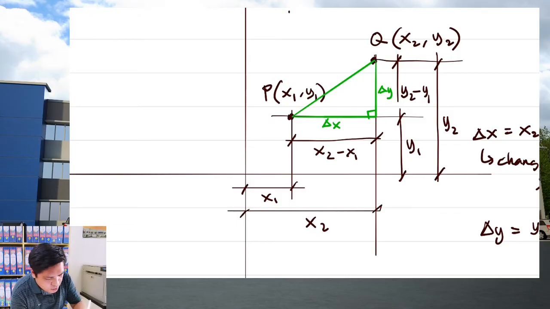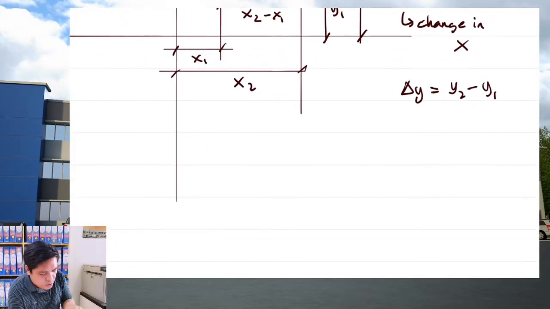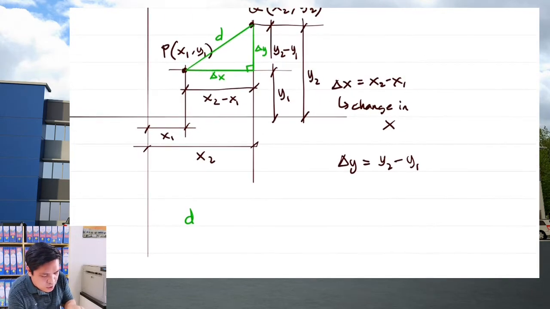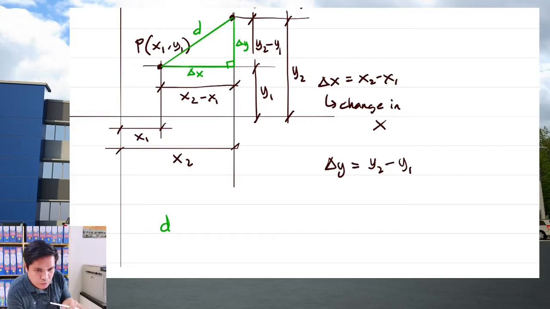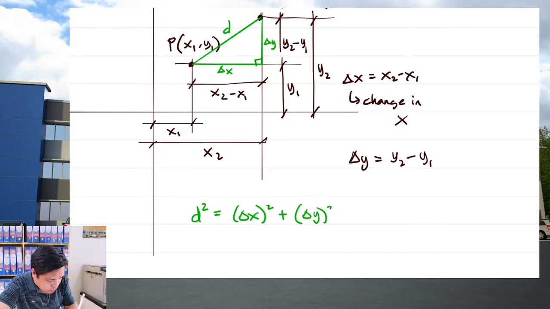Now, the hypotenuse in this right triangle is the distance between P and Q. Let's call that D. From this illustration, using the Pythagorean theorem, the distance squared, or hypotenuse squared, is equal to the sum of the squares of the legs, meaning the change in x squared plus the change in y squared.